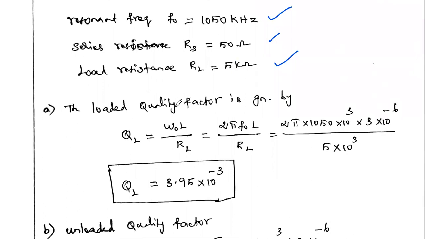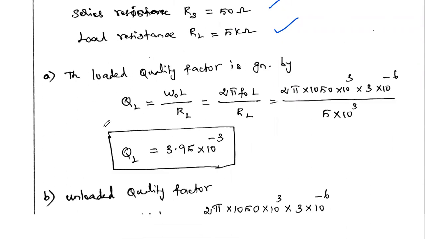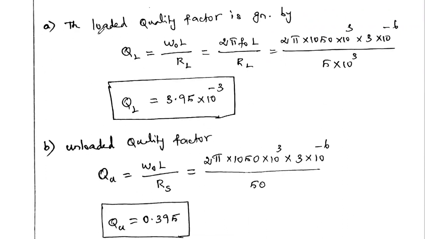You already know the formulas for the loaded and unloaded quality factor. The loaded quality factor is indicated by QL, where L means loaded. The loaded quality factor is equal to omega naught L by RL, where omega naught L is the reactance of the inductor and RL is the load resistance.